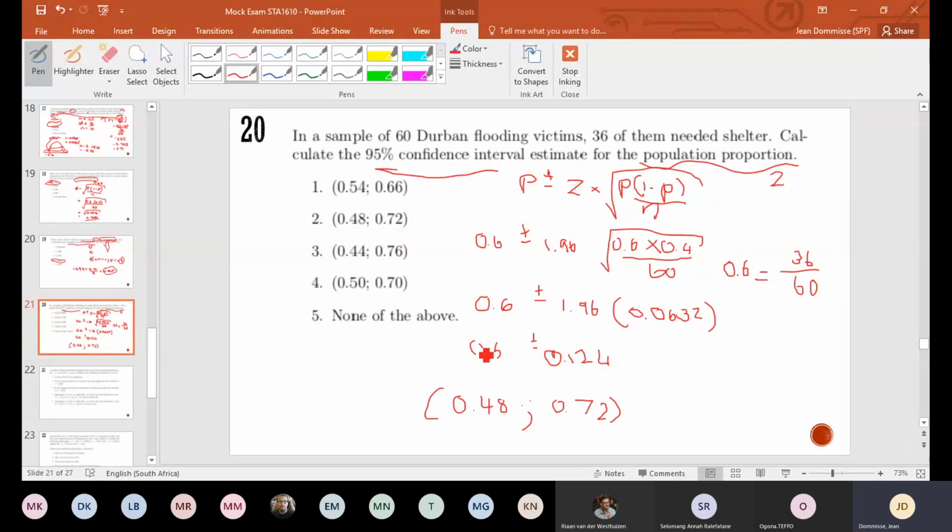Okay, because it will be 0.6 plus the 0.12, which gives us 0.72. So option 2 will be your correct answer.